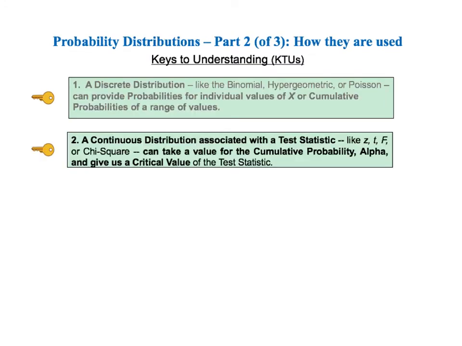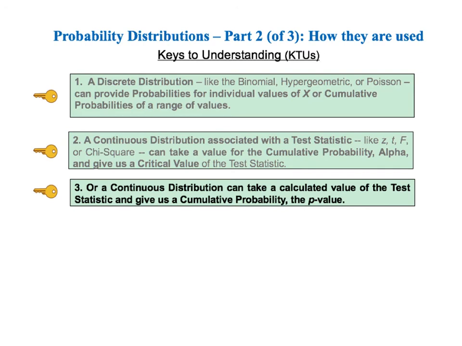The second KTU says that a continuous distribution associated with a test statistic, like z, t, f, or chi-square, can take a value for the cumulative probability alpha and give us a critical value of the test statistic. Key to understanding number 3 says, or a continuous distribution can take a calculated value of the test statistic and give us a cumulative probability, the p-value.